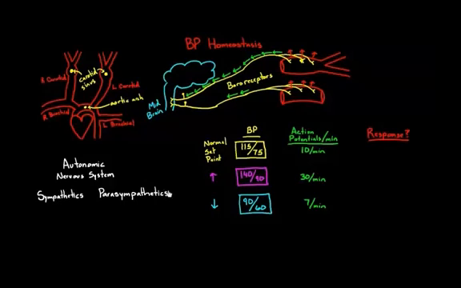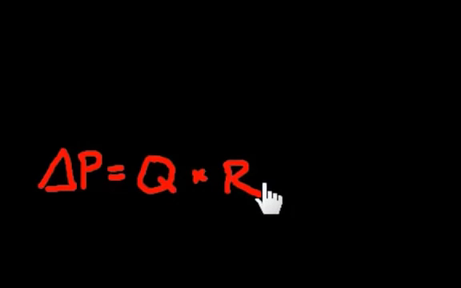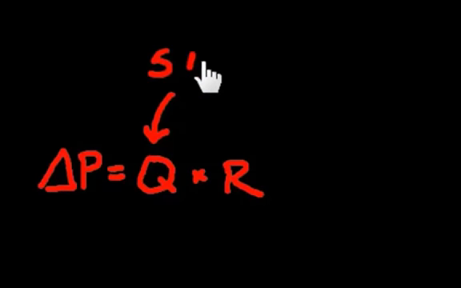And I want you to remember now that there's a formula, and I'm going to write that formula down here just to remind us that pressure equals flow times resistance. And additionally, I want you to remember that flow, this one right here, is going to be related to stroke volume times heart rate.